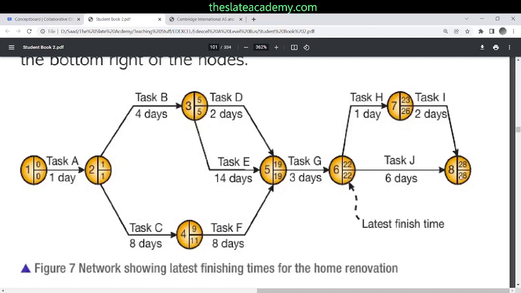Latest finish time, we are going backwards. Right. So 28 minus 2 is how much? 26. 26 minus 1 is 25. The other way to get to this sixth node is 28 minus 6, which is 22. So we'll take the smaller one, 22. And that is how you construct a CPA.